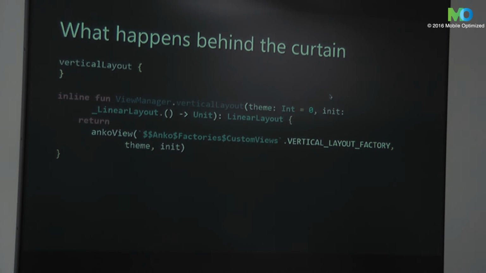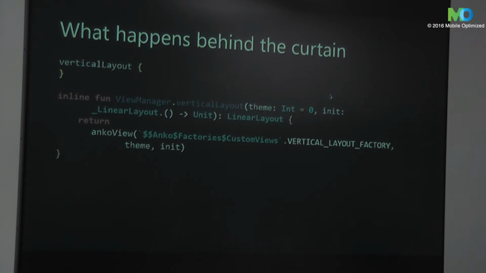Every view can have a special style or theme as used in Android. And the second parameter is what I have been talking about, this lambda with the receiver. We actually have this lambda with receiver over the underscore linear layout.